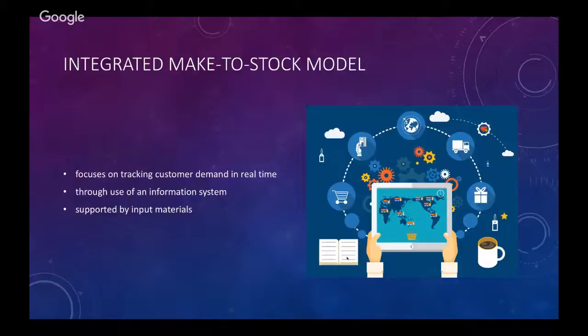This integration is often achieved through the use of an information system that is fully integrated. Through application of such a system, the organization can receive real-time demand information that can be used to develop and modify production plans and schedules.